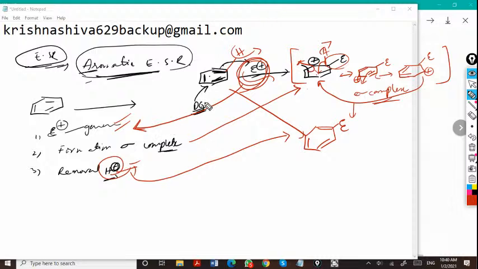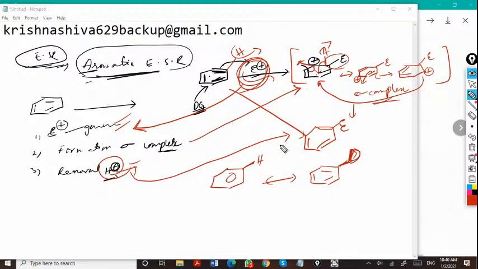Okay, so basically, if I replace the hydrogen of the benzene with deuterium, the carbon-deuterium bond and the carbon-hydrogen bond can be compared. Generally, carbon-deuterium bond breakage is difficult compared to carbon-hydrogen bond breakage.